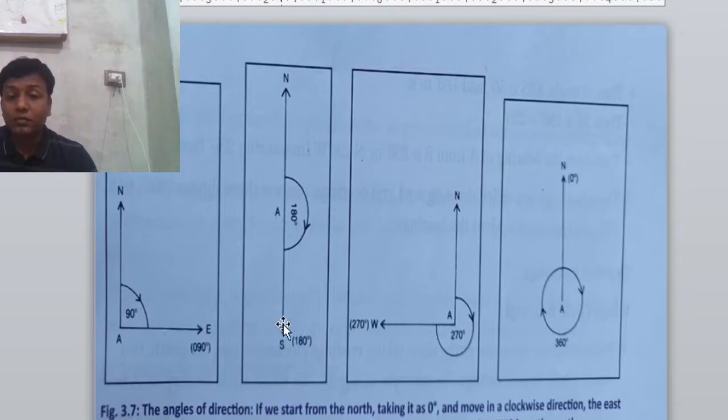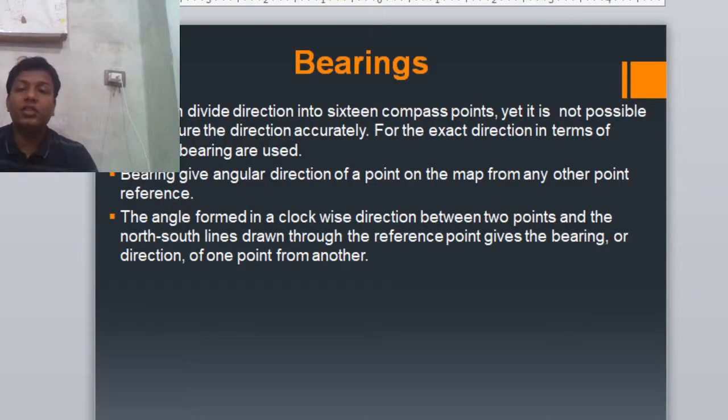Without degrees, we can't find the exact direction of any place. So bearing is also a very useful thing to draw a topographical map and find directions on a topographical map. Bearing gives the angular direction of a point on a map from any point of reference.